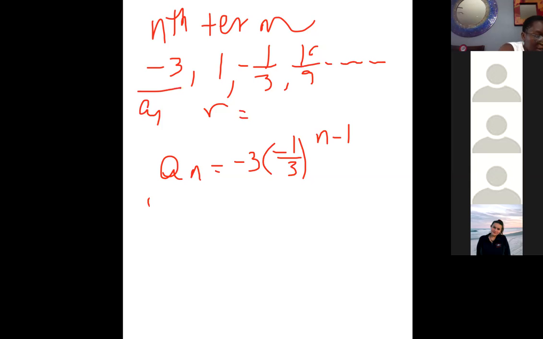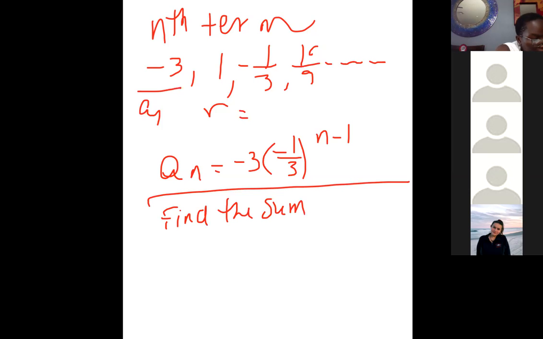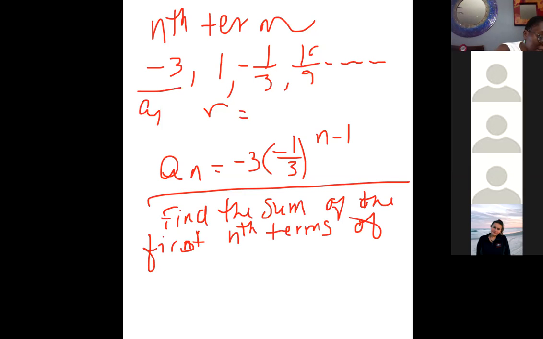All right, next, we're going to find the sum of the first n terms of a geometric sequence.